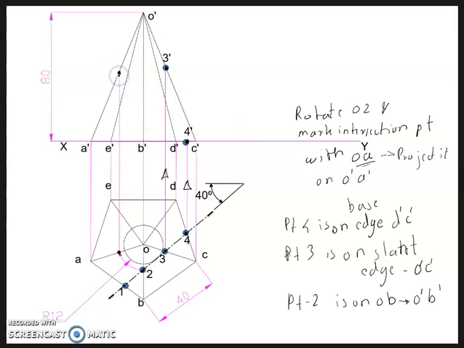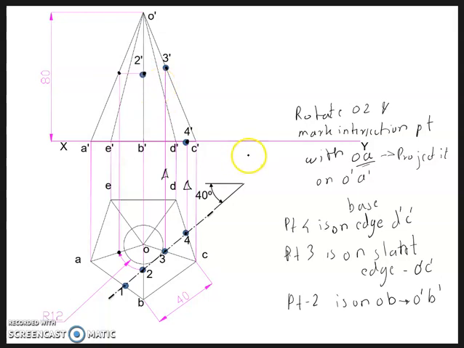This is a point of intersection. Now from the point of intersection on O dash A dash, draw a horizontal projection. Alright, and mark the intersection with O dash B dash. Okay. That is your point 2 dash.